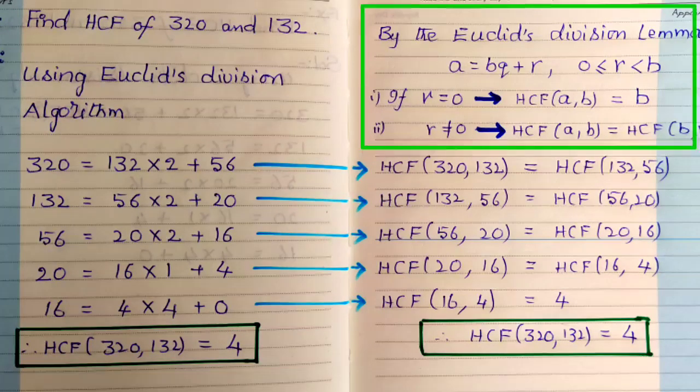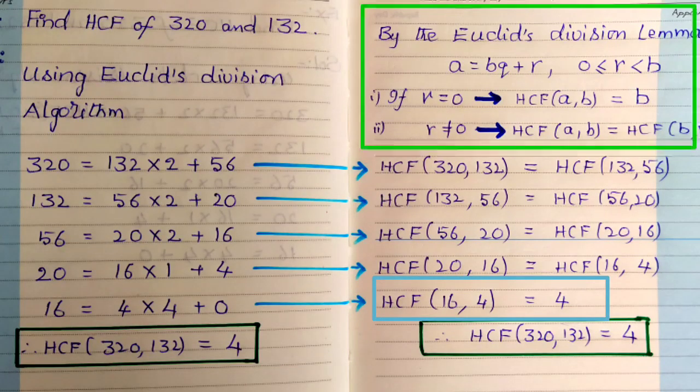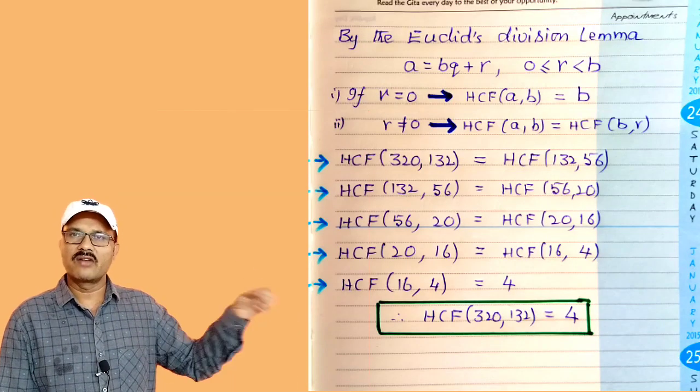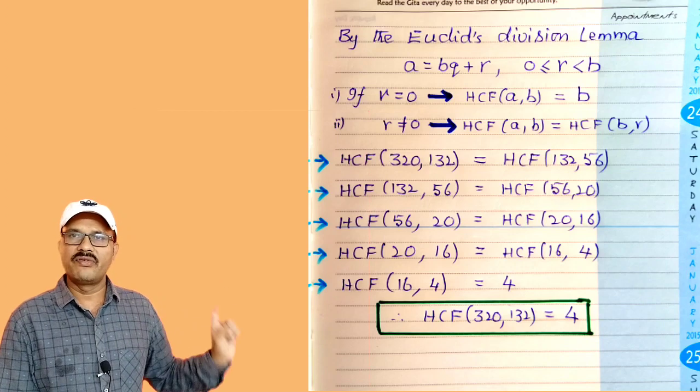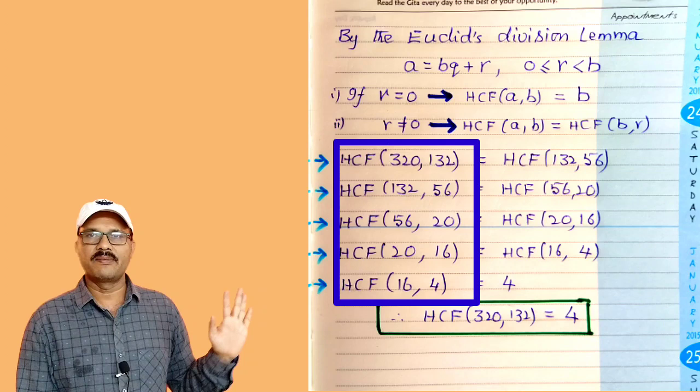At the last step, the remainder is 0. That means it is clear the HCF of 16 and 4 is 4. Therefore, the HCF of 320 and 132, or the HCF of 132 and 56, or the HCF of 56 and 20, or the HCF of 20 and 16 are the same.